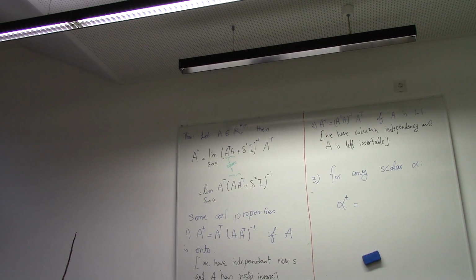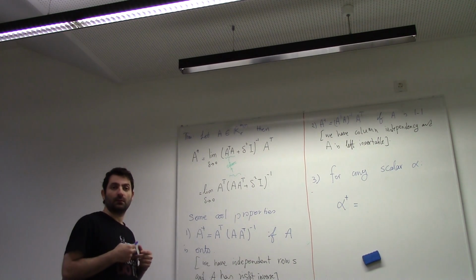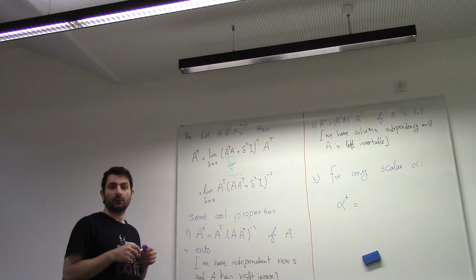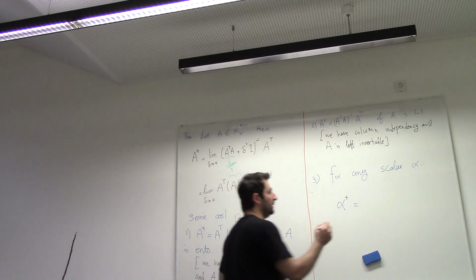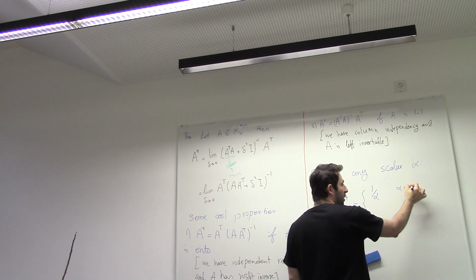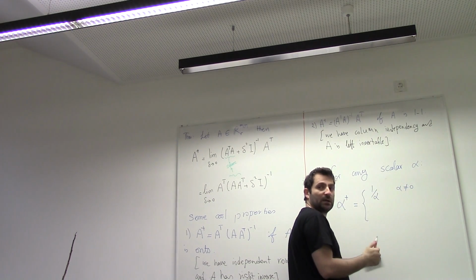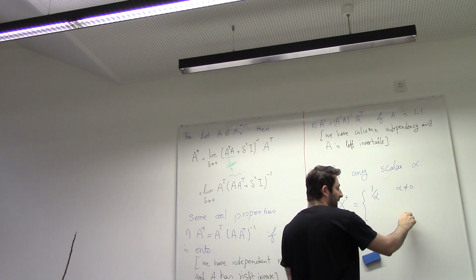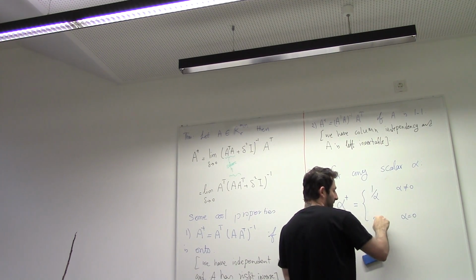Very difficult question. One over alpha. 1 over alpha, do you agree? Yeah. It's 1 over alpha if alpha is not 0, because in case of 0 it's not defined, and if alpha is 0, it's 0.